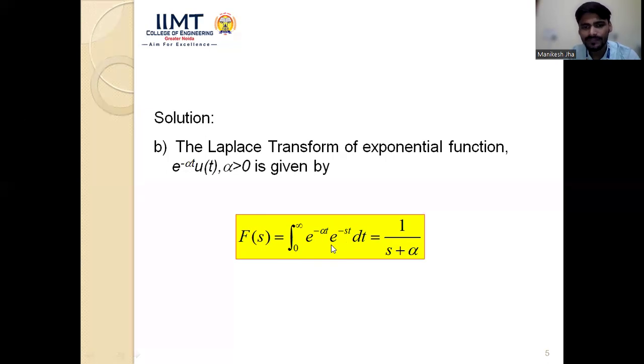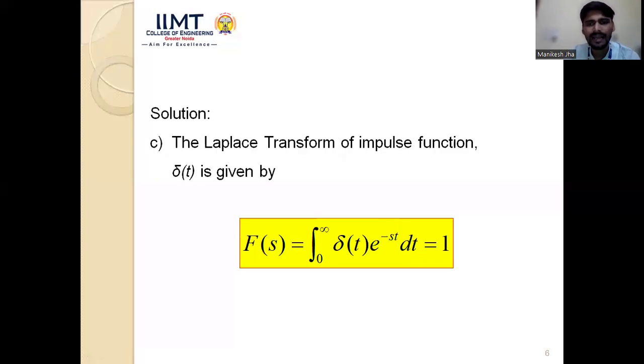So how much do we get? e to the power minus (s plus a)t dt. When we integrate from 0 to infinity, we get 1 upon s plus a. So from this we understand the Laplace transform of e to the power minus at u(t) is 1 upon s plus a. This a is the same as this a.